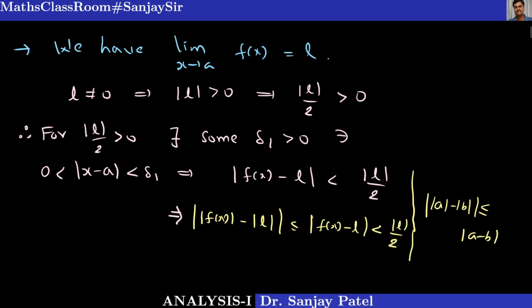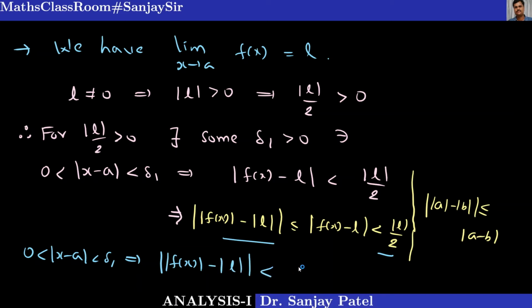So combining this, this and this, what I will get is, for every x satisfying this condition, thus for 0 less than mod of x minus a less than delta 1, mod of f(x) minus mod of L is less than mod of L by 2.